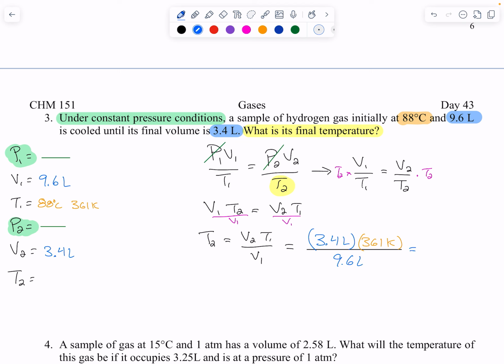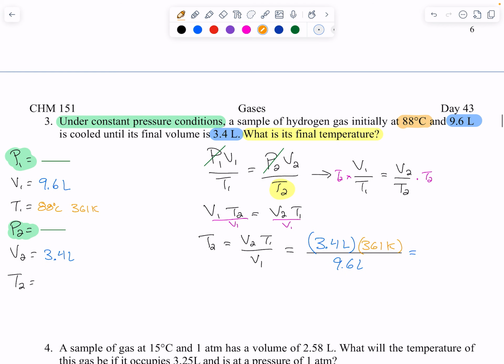If we do that, you take your 3.4 times your 361 divided by 9.6. I got 128. Actually, I got 130. So I actually get 127.85 Kelvin, which is 130 Kelvin.